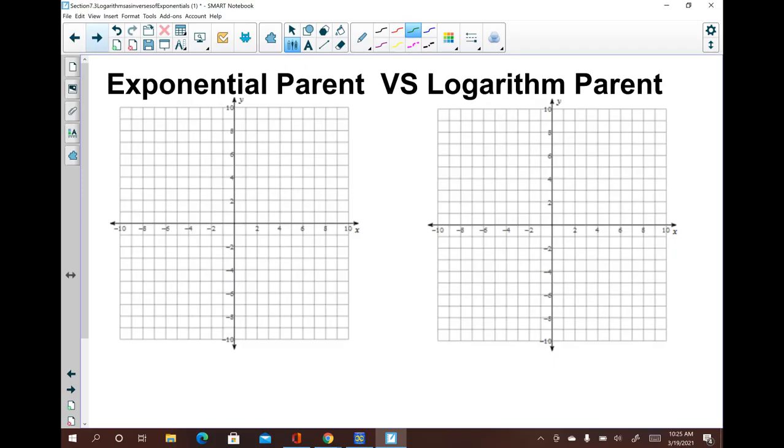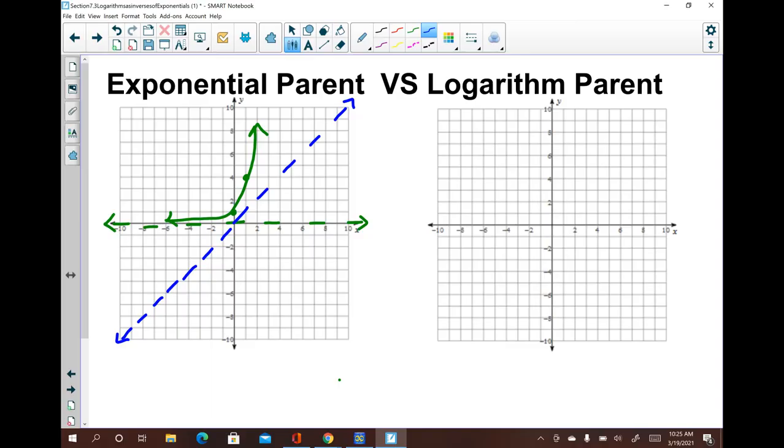So if we think about a parent exponential, and we'll do exponential growth, something like this. It's an elbow shape with an asymptote right at y equals 0. If we reflect that over the line y equals x, which is this line here, I'm going to draw it in blue, reflect it over this. So we're folding our imaginary piece of paper right on this dotted blue line.